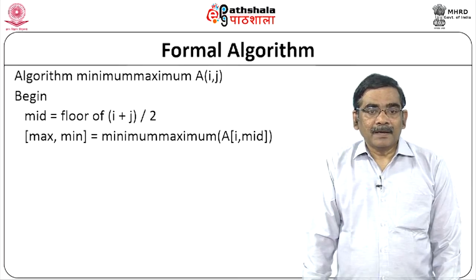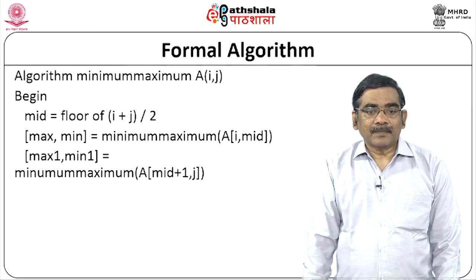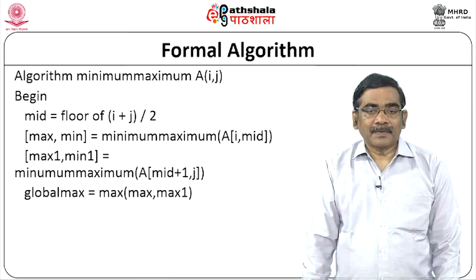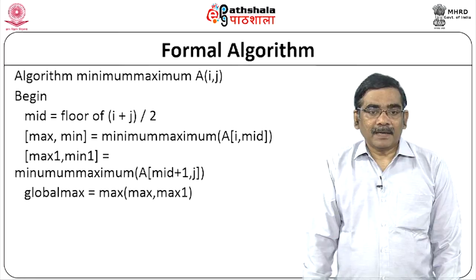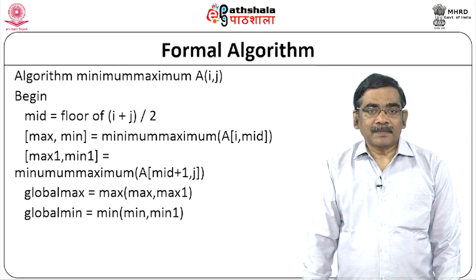So, I am calling this from 1 to middle, and again from middle plus 1 to j. Now the maximum and minimum are present in the variables max, min and max1, min1. The global max is going to be the maximum of these two variables. Similarly, the global minimum is going to be the minimum of these two variables. So, this is what the formal algorithm of this problem is going to be.